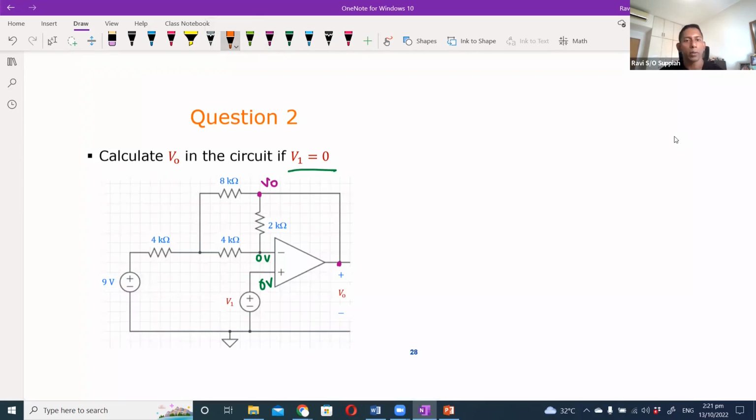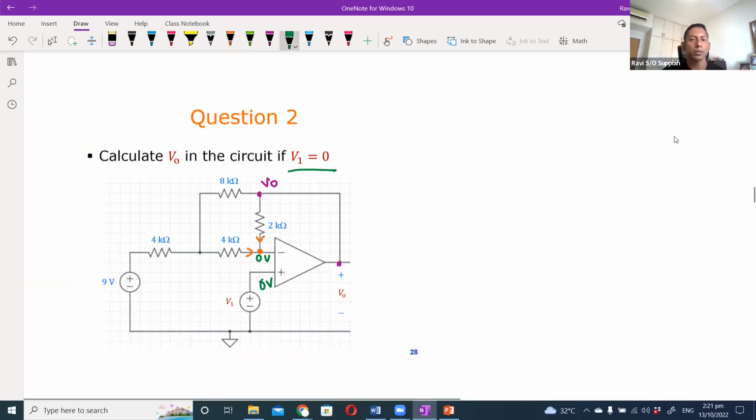So we can define this as a node, and as before, all the current goes in or out. For an op-amp, we know that there is no current flowing in or out of the input terminals, so there is no current flowing in this particular branch going to the negative.